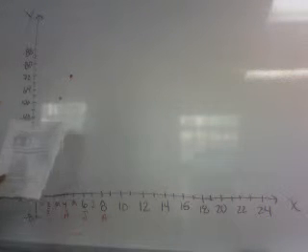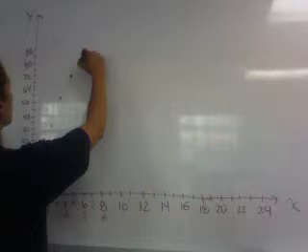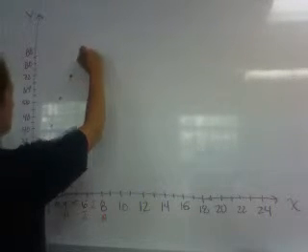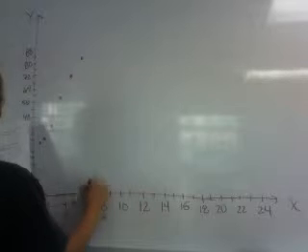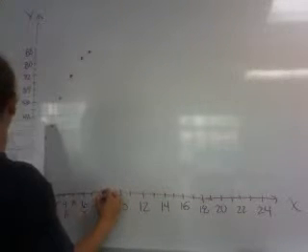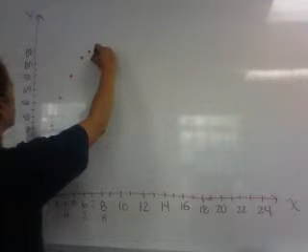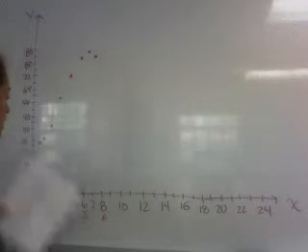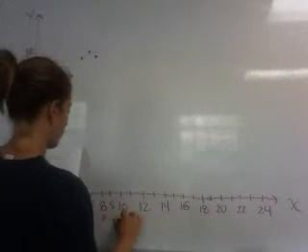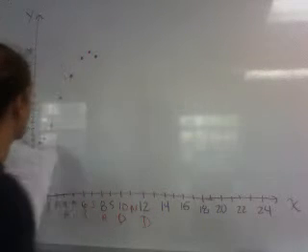Okay. June is 78. July, 82. August, 80. Man, mine are a little off here. August, September, October, November, December. Okay.